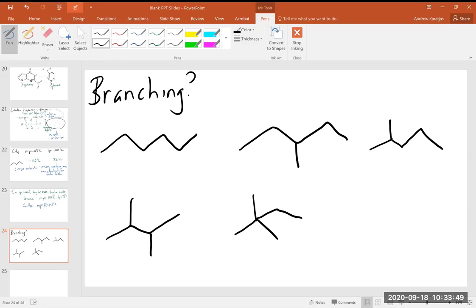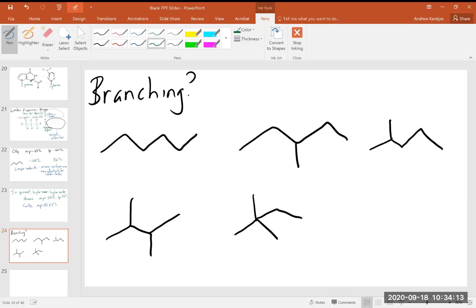Well, again, with London forces, what controls the attraction is how much these molecules are able to interact. So the more surface area you get, the better the attraction. Less branching means the molecules pack together better.